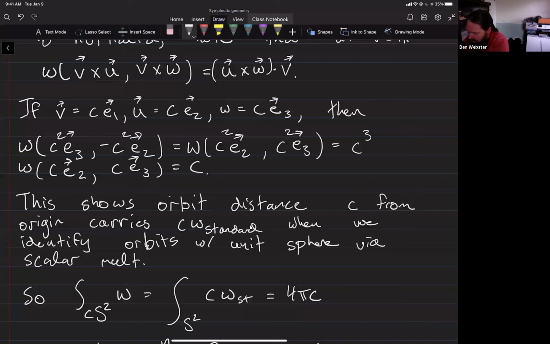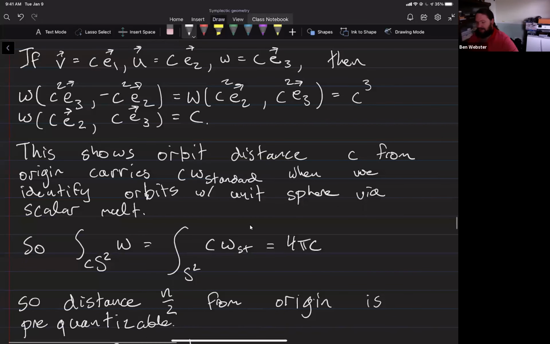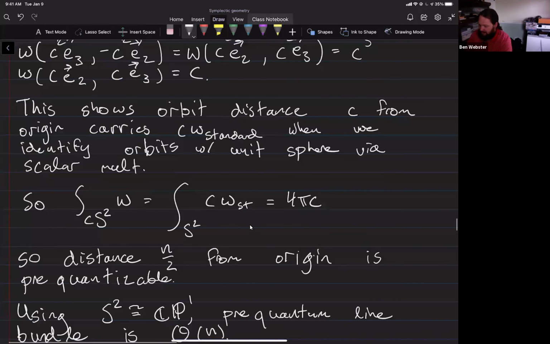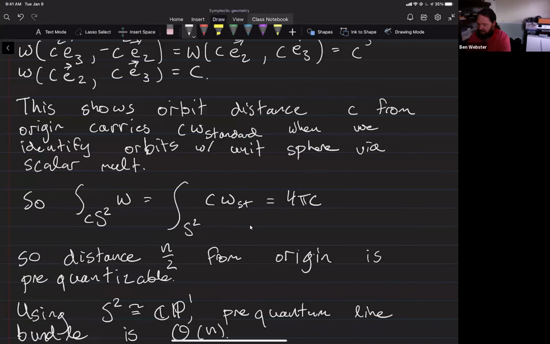And so the area of my coadjoint orbit, distance c from the origin, is 4 pi times c. So I get pre-quantizable if I'm half integer distance from the origin. Which, out of this physics, maybe is not so surprising.